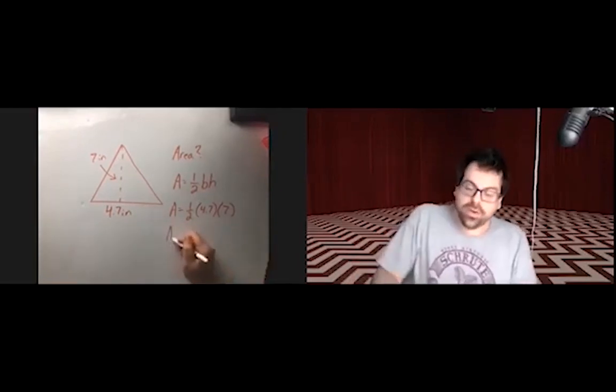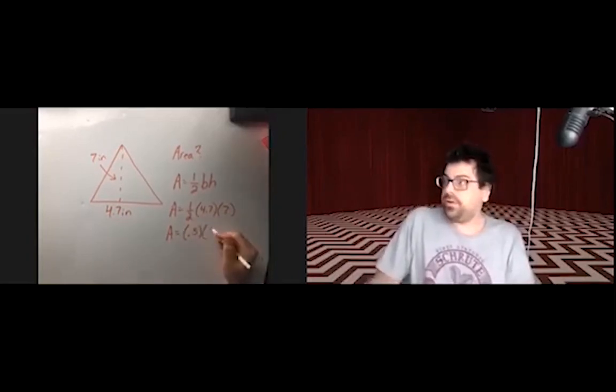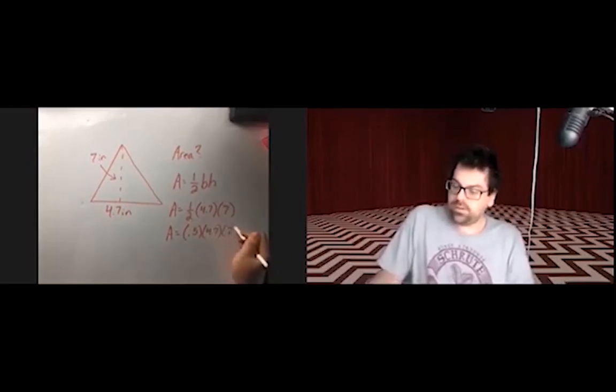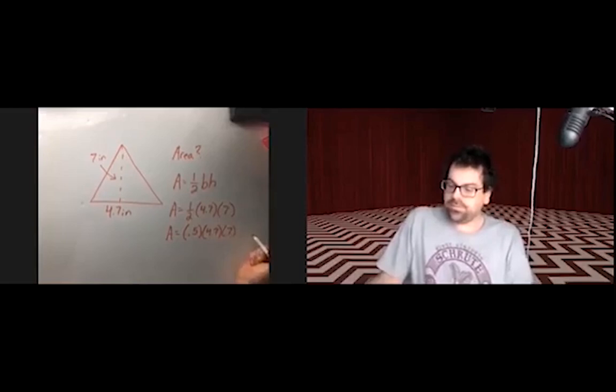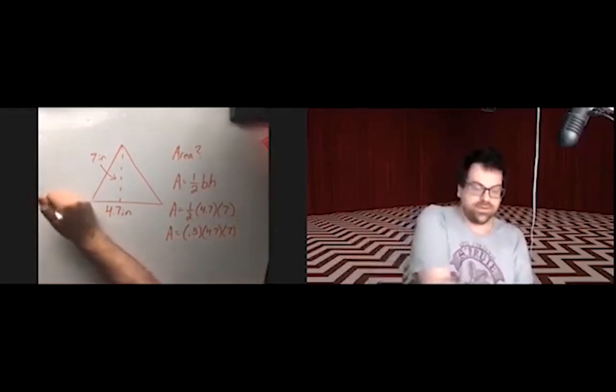So let's go ahead and change 1/2 to its decimal form, 0.5. 0.5 times 4.7.